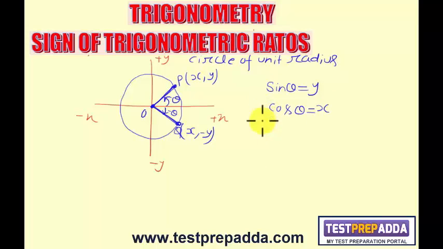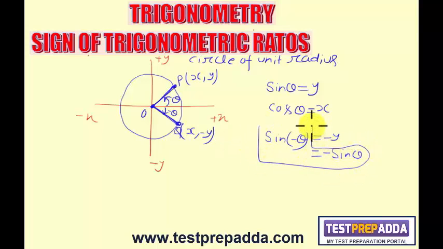Okay, so if I say sine minus theta, here if you check the y coordinate, it is minus y. So what conclusion can we draw? Sine minus theta is equal to minus y, which is minus sine theta. So sine minus theta is equal to minus sine theta.